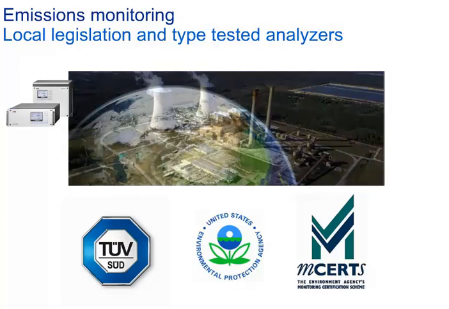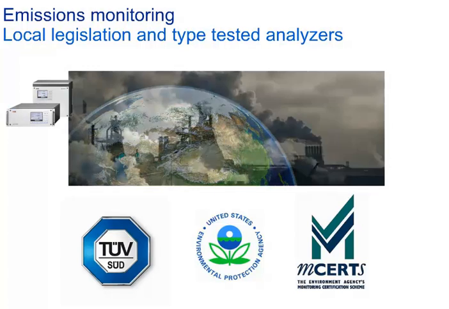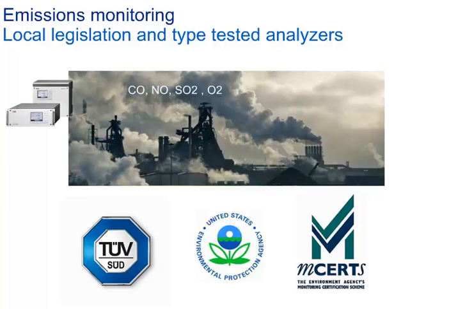Both analyzer series, Advanced Optima as well as EasyLine, are certified according to international standards, as required by the European Union and US EPA. These analyzers can be applied in emission monitoring worldwide. Typical measuring components for emissions are CO, NO, SO2, and O2.